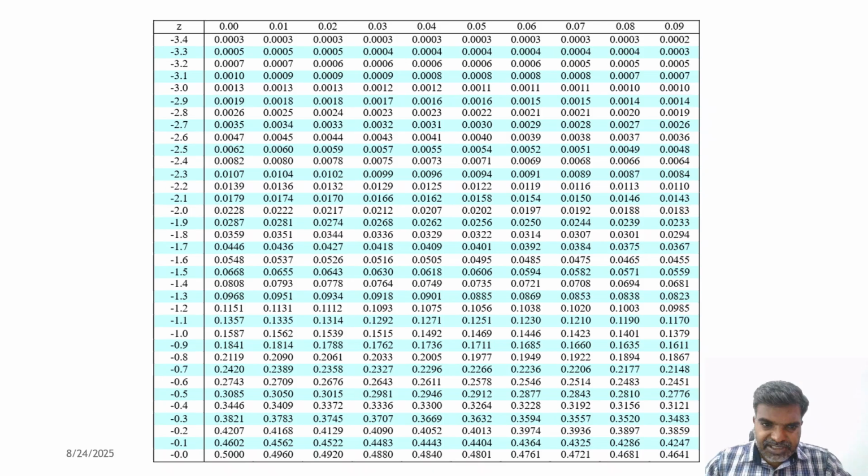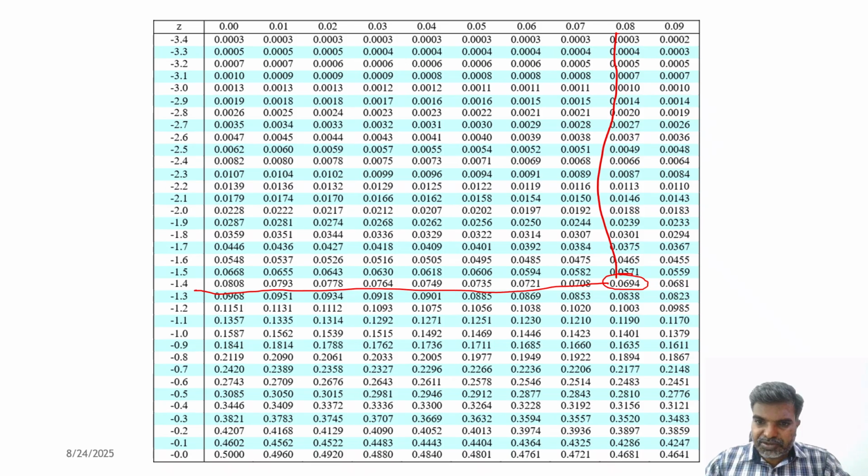The value is, you can see here, 0.07. I think we can't see exact 0.07, so better to choose its nearest value. The nearest value is 0.07, you can take this one. What is the corresponding z? You can see here minus 1.4 and 0.08.